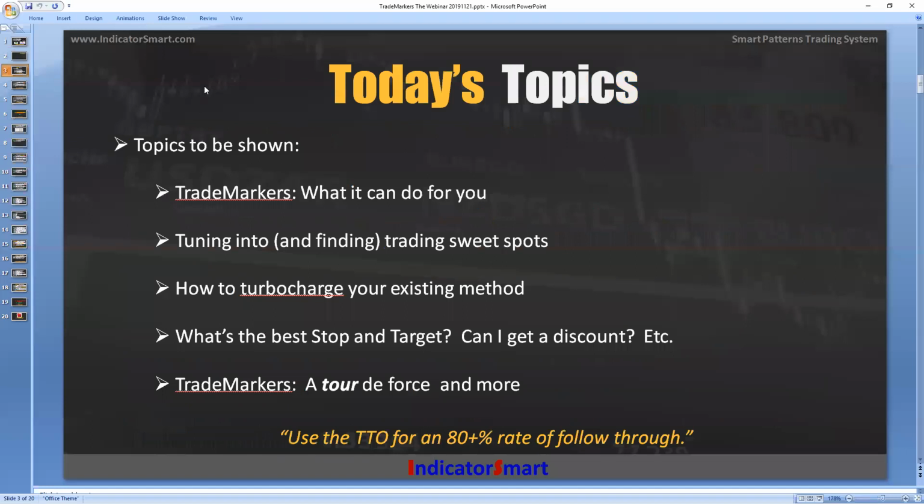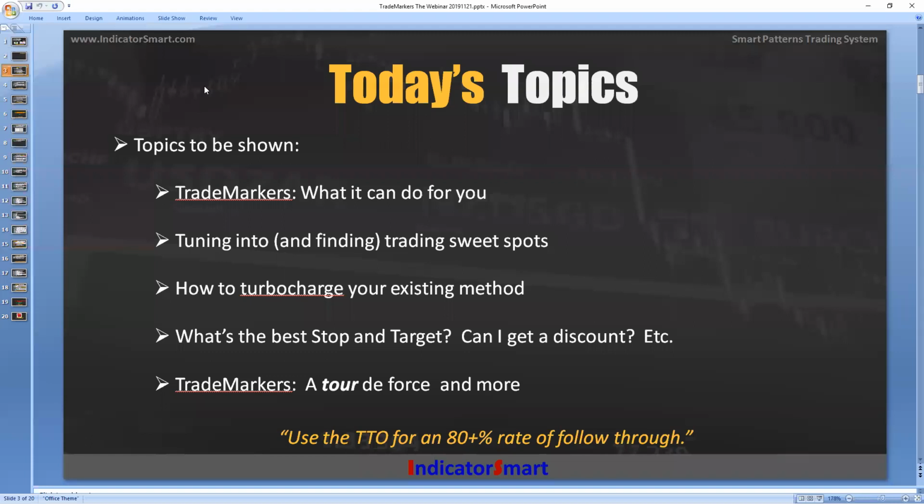What we're going to be covering today, some of the topics that we're going to talk about and share. Trade markers, what can it do for you? I've already talked about that a little bit. How you tune into and find trading sweet spots using this tool and this technology. And in that same way, how to turbocharge your existing method, whatever that may be, or to find out that it just doesn't hold water very well and really fast.